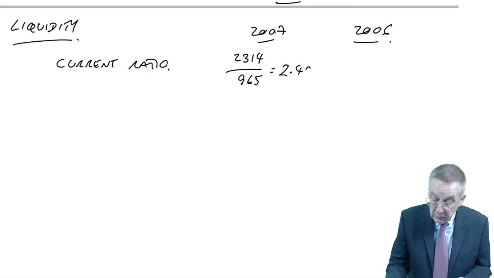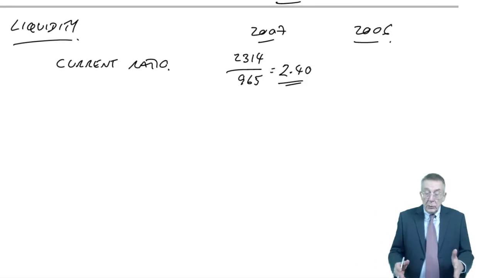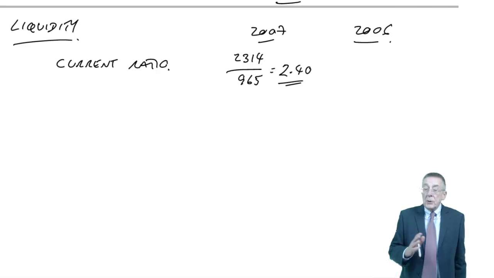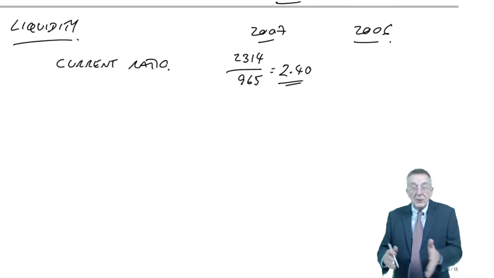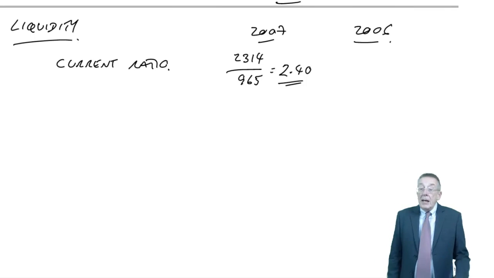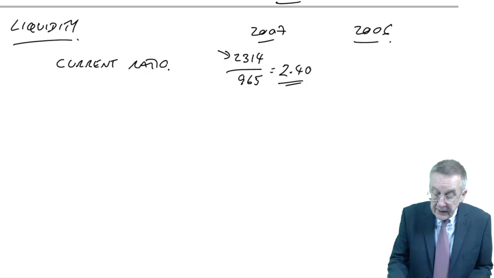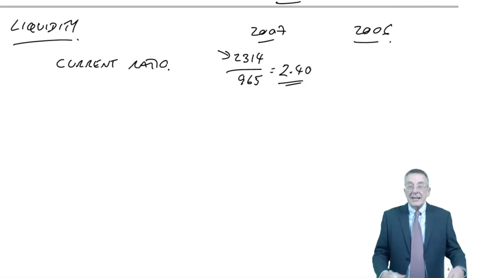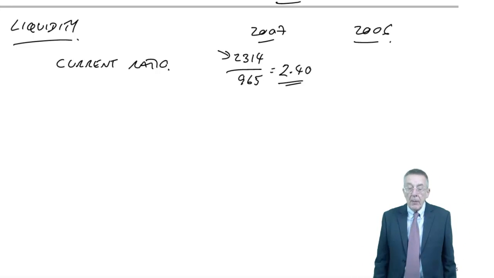And so the current ratio is 2.40. Now, in fact, this is one of the few ratios we leave as a ratio, not a percent, but it's one of the few that means something on its own, as opposed to needing to compare, in that we're saying in the short term, the company's going to get in money of 2314, some of it's cash, some of it's receivables, but it will turn into cash, and similarly inventory.